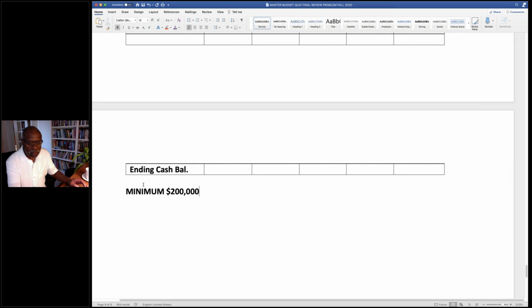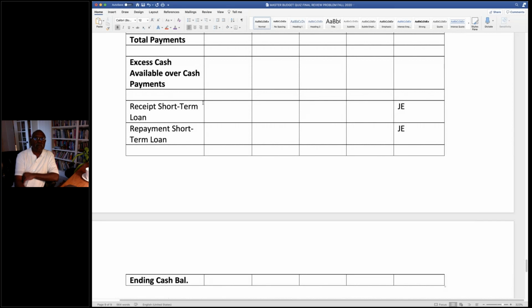If you got over 200,000, you don't have to borrow. So if this excess is greater than 200,000, no borrowing. If it's less than 200,000, you have to borrow.